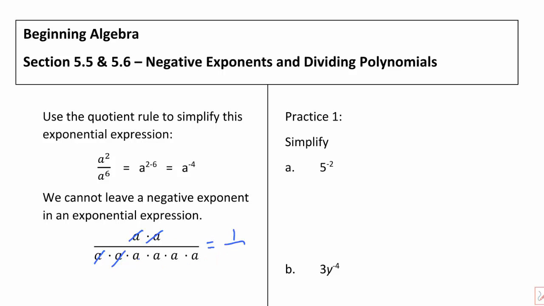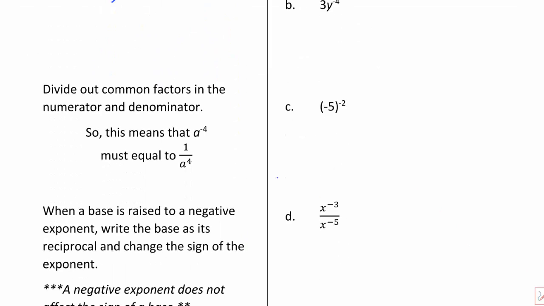In the denominator, I'm left with a times a times a times a, which is a to the fourth power. So a to the negative 4 must be equal to 1 over a to the fourth power.